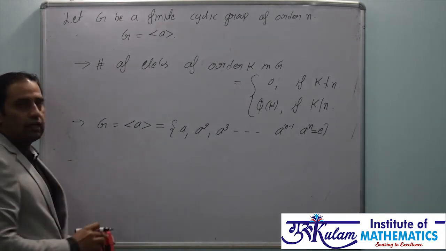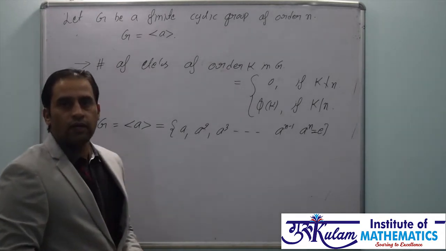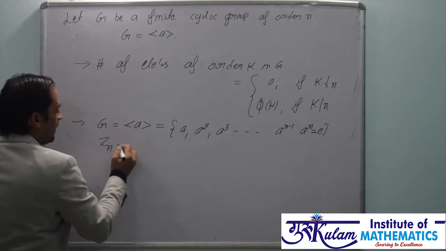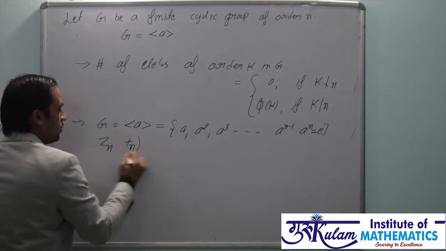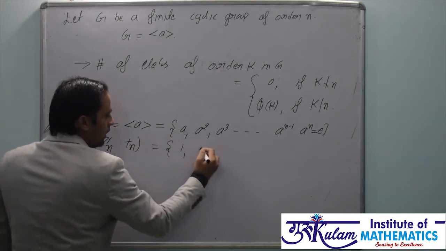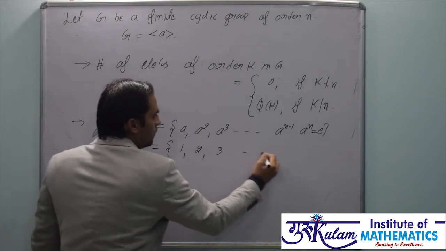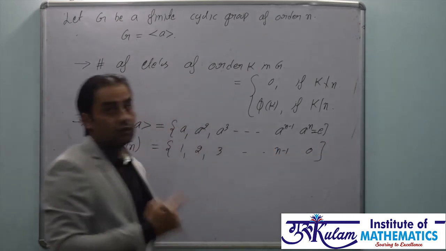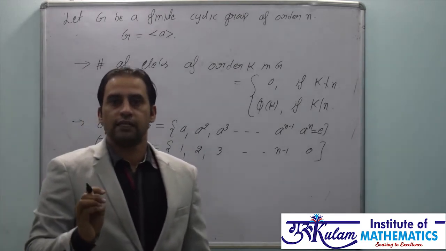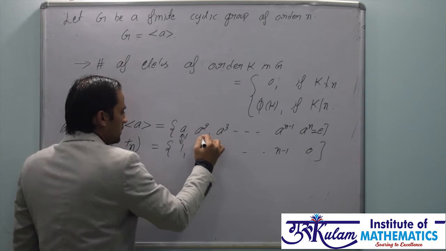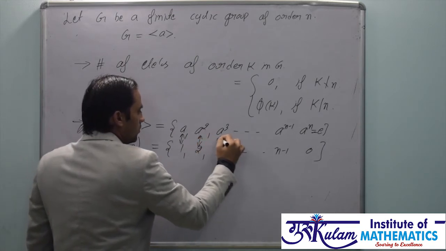And also we know that there is a finite cyclic group of order n, which is denoted by Zn, and the operation is addition modulo n. The elements of this are 0, 1, 2, 3 up to n minus 1. This is also a finite cyclic group of order n. And we can define a one-to-one correspondence between these two groups.